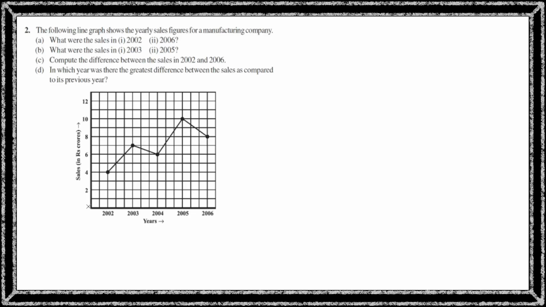Clearly, here 1 unit is 1 crore on the y-axis, and on the x-axis 3 units is 1 year, right? So that is your y-axis, that is your x-axis. 3 units over here is going to give you 1 year, right?